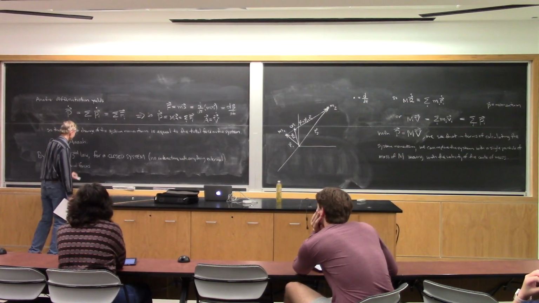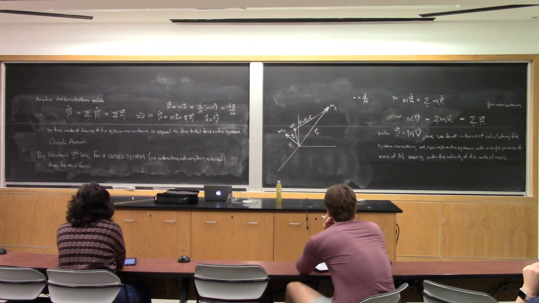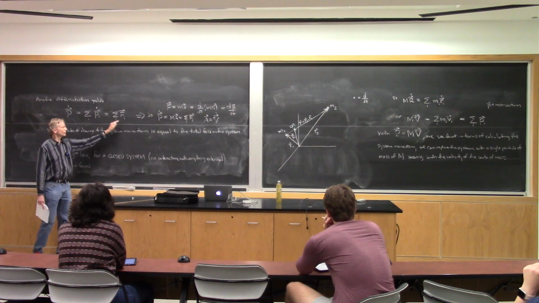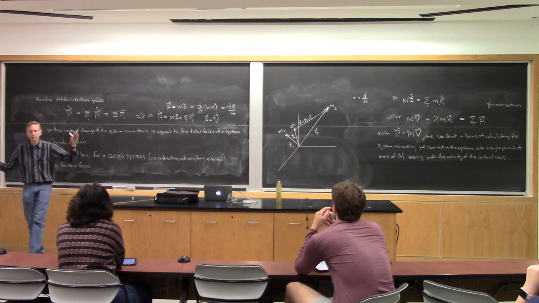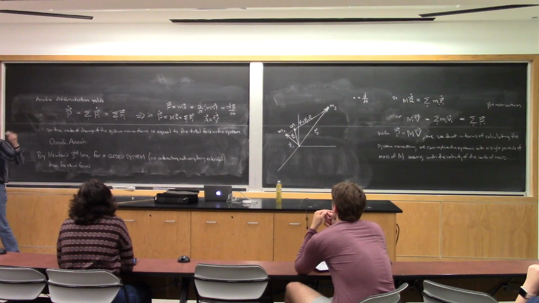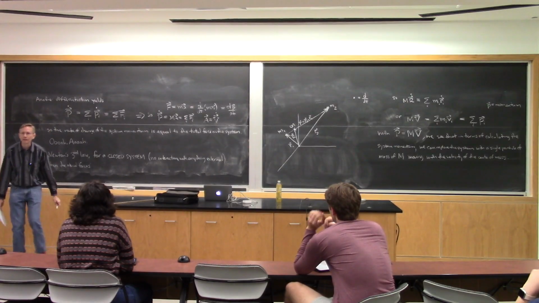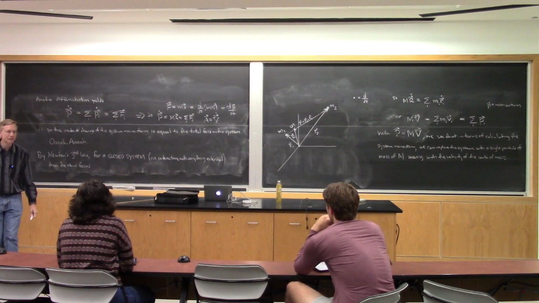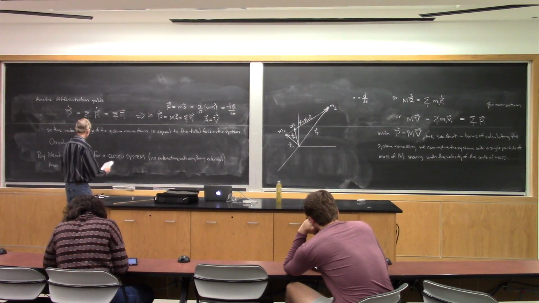What can we say about the internal forces? If we add up all internal forces, where i is not internal, it's just the ith particle. In other words, if all the forces are internal, and there's nothing external applying any forces, what's the sum of all those internal forces? Zero, because they cancel in pairs.